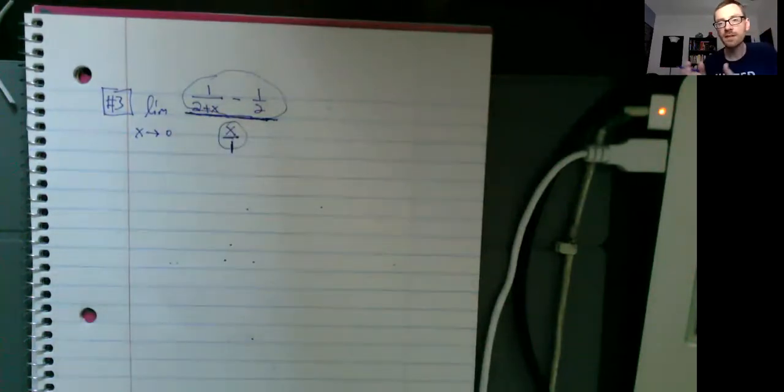And in order to do that, you need common denominators, right? A surefire way of getting common denominators is to multiply top and bottom of this fraction by this denominator, and multiply top and bottom of this fraction by that denominator. So let's go ahead and do that.